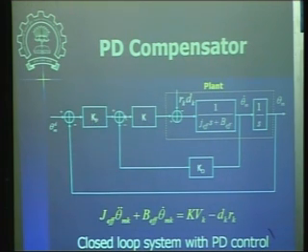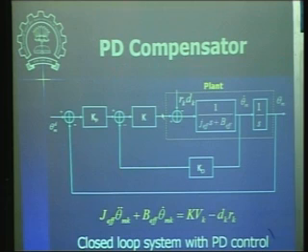So the output here is the PD control part. Then that is multiplied by this k, which gives you the term over here. From that term you subtract this disturbance term, and then you generate this part. That is how this block diagram is generated. You see that?